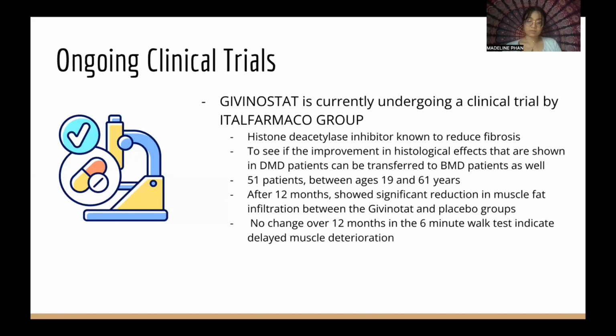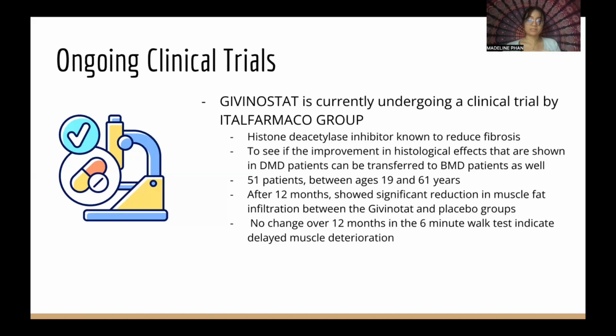These patients were also put through the 6-minute walk test, and there were no changes in the results between the beginning of the 12 months and the end, which shows that givinostat is delaying the muscle deterioration we were expecting to see in this ambulatory test.